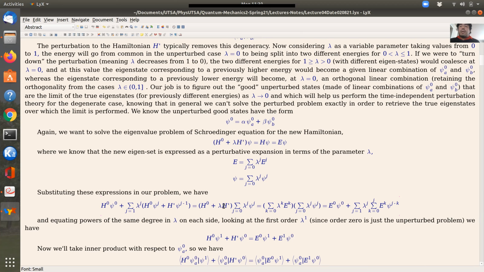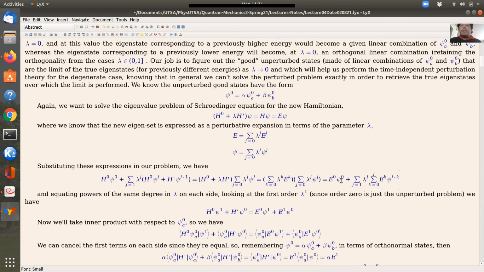Likewise, the term related to H prime has an additional power in lambda coming from here. So this is the zeroth-order term in lambda, and then higher powers in lambda. Matching the powers in lambda gives us the unperturbed case, which we already know, so it's just a sanity check, no new information there.